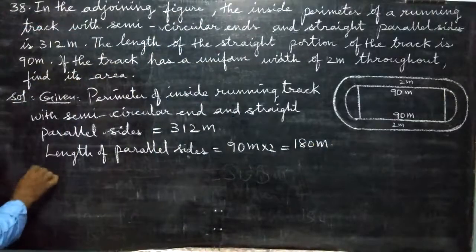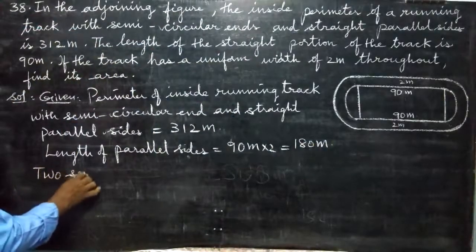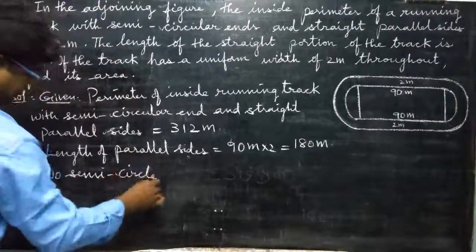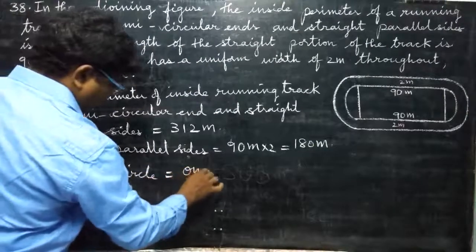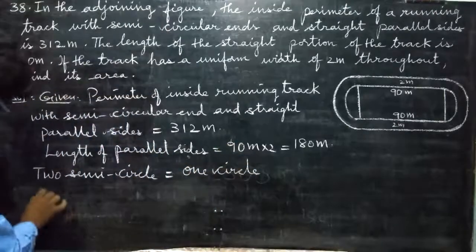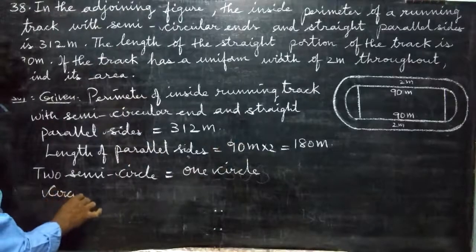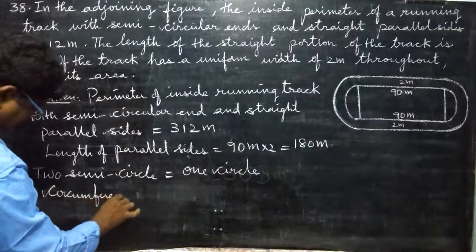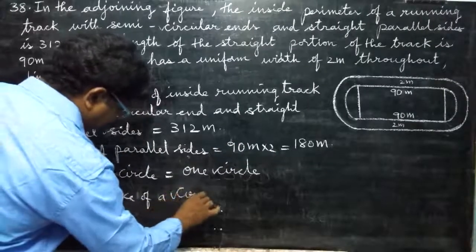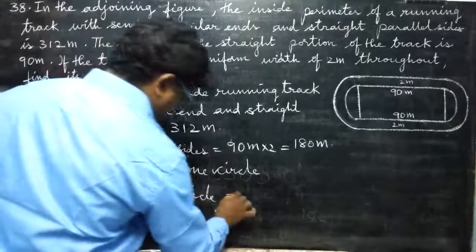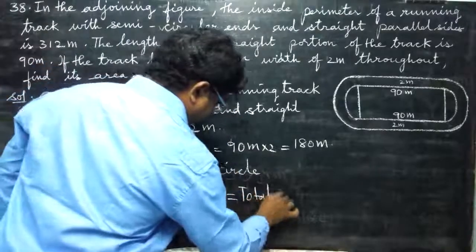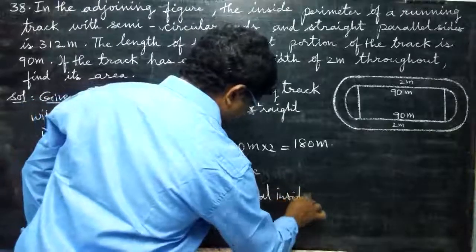Now two semicircles is equal to one circle. This everyone knows. One circle. Now circumference of a circle. How to find? All of you see. Circumference of a circle. Total inside running track, how much they gave?